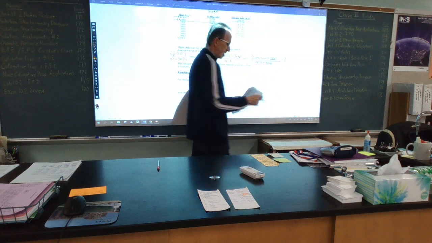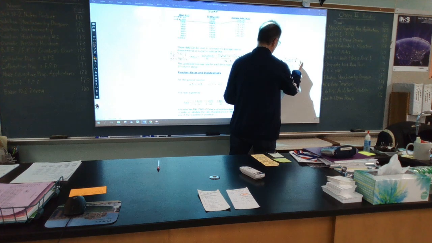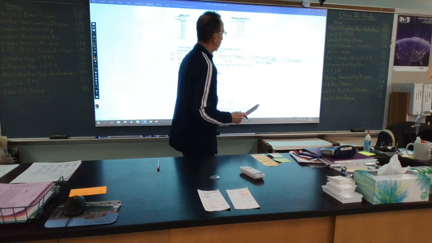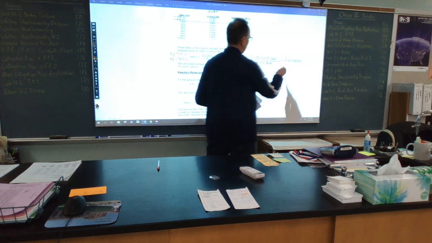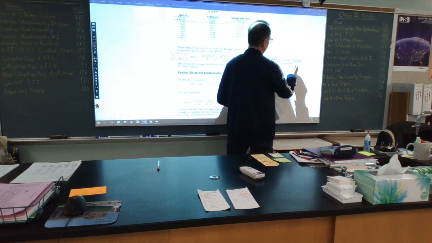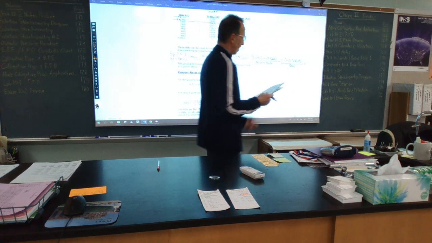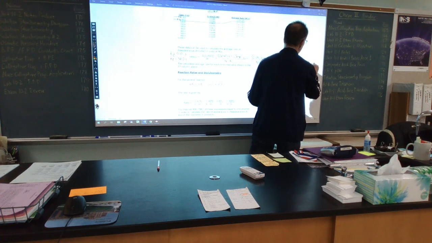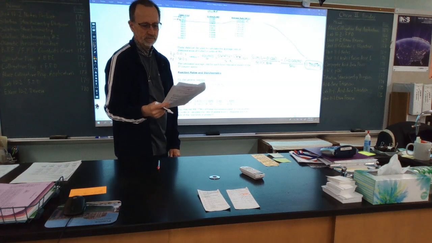So the difference is, all right, negative 0.0095, the difference between these two. And as you can see, it should be negative. And the time is 50.0. So the rate can be 1.9 times 10 to the negative 4 molar per second, which is where that number comes from, right there.